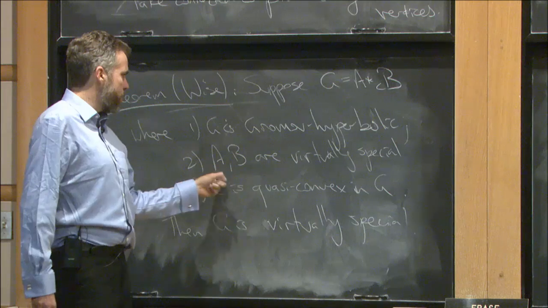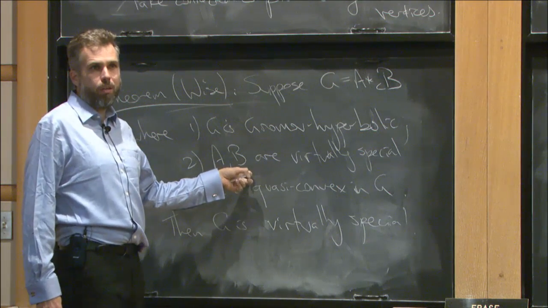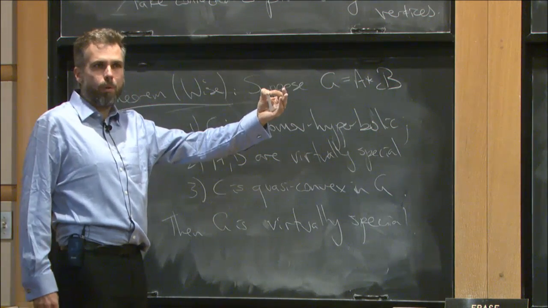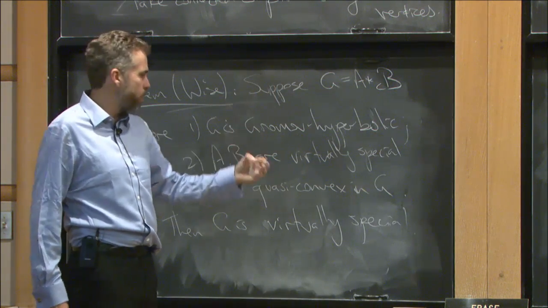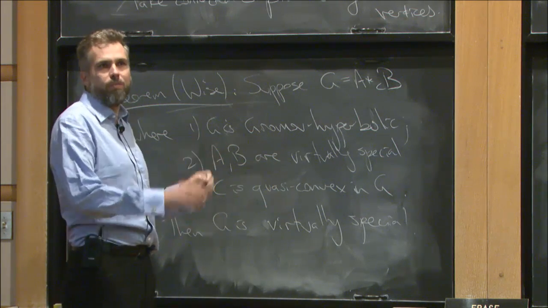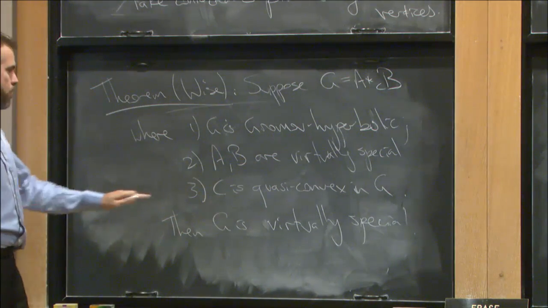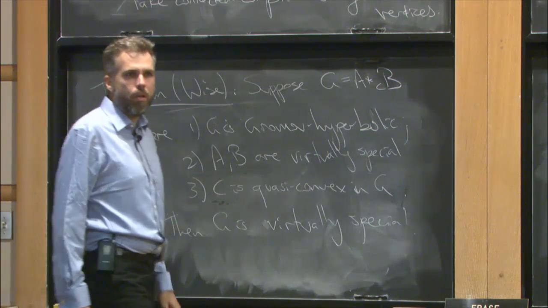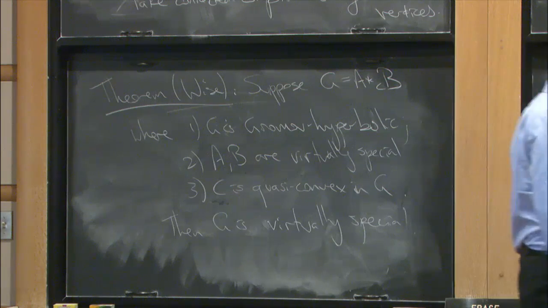C is quasi-convex in G, and so it's quasi-convex in A and B. You realize C via a map between cube complexes into A and B, and there's a convex co-compact core for that, which implies virtually special. So C is virtually special, but it follows from the hypotheses. You don't need to include it.